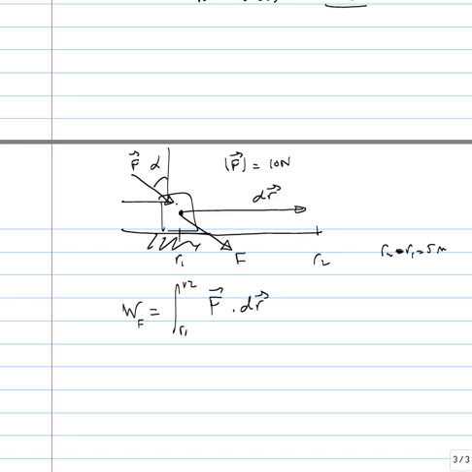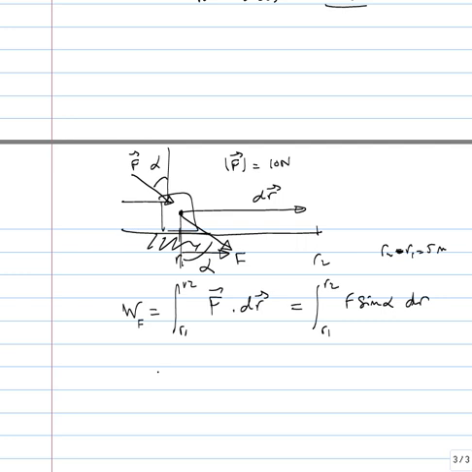Then we recognize that this is going to be our angle alpha. Therefore F dot dr is only going to be considering the component of F which is parallel to dr. In our case, this will be the integral from R1 to R2 of F sine alpha dr.